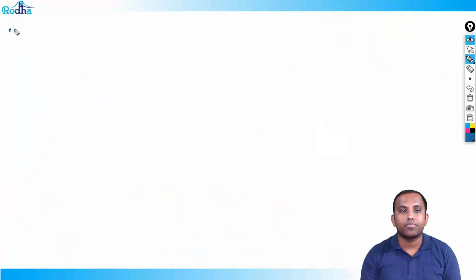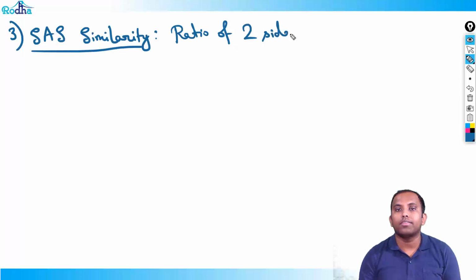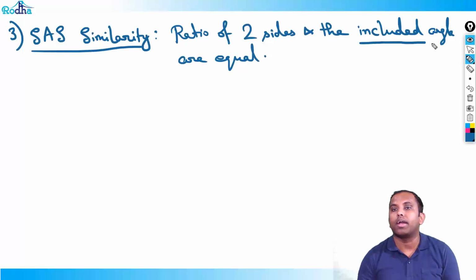The third one is SAS similarity. Now what is SAS similarity? SAS similarity is basically when the ratio of two sides and the included angle are equal. It has to be an included angle, obviously.